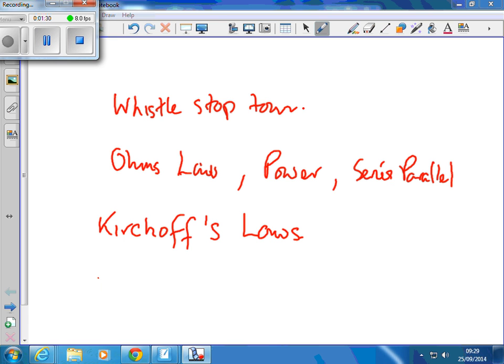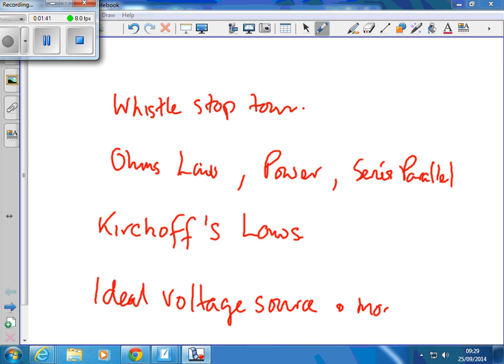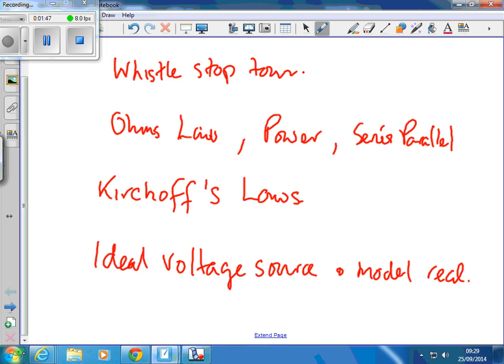And then we're going to move on and have a look at something about the ideal voltage source and how we model a real one, an ideal current source, and how we model a real one of those.